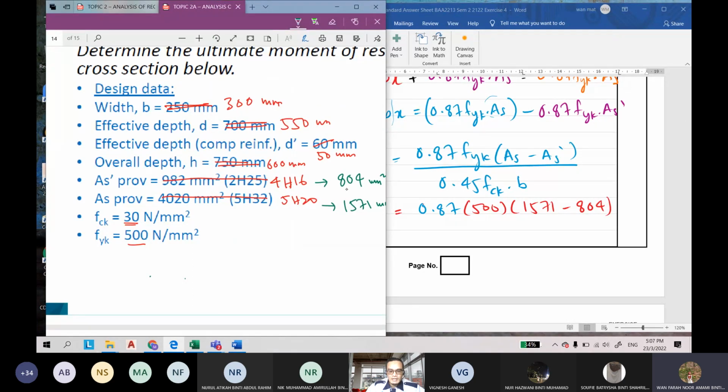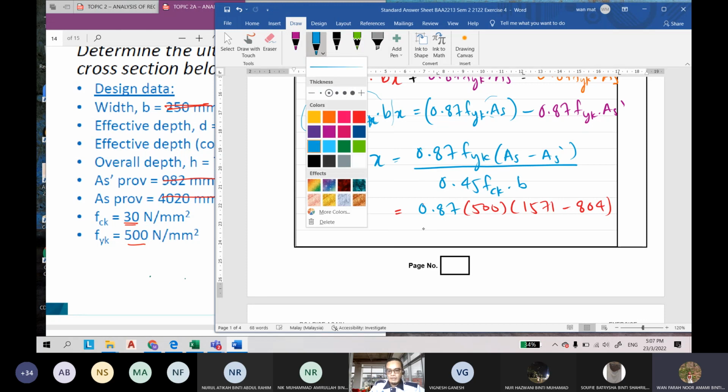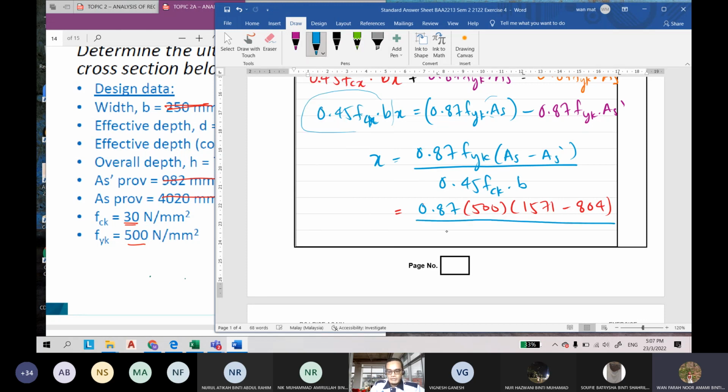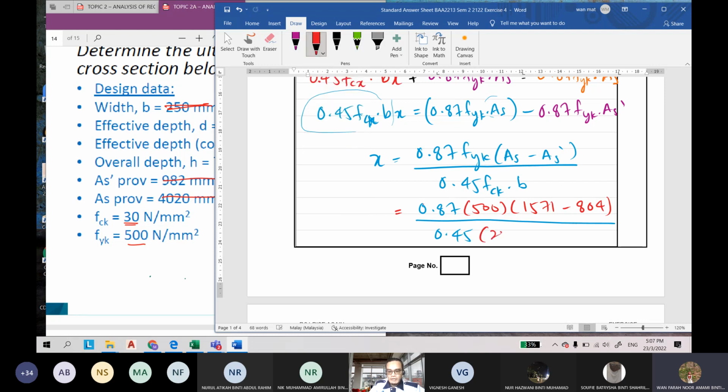This is the As prime. So we divide by 0.45 times the fck is 25 times b. What is the value of b? 300. Okay, b is 300.